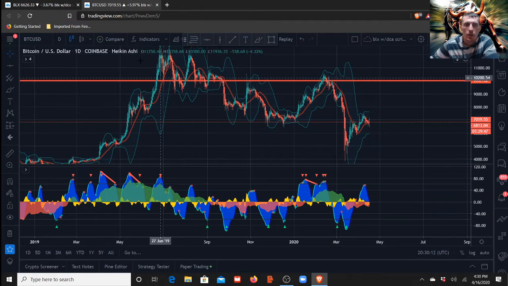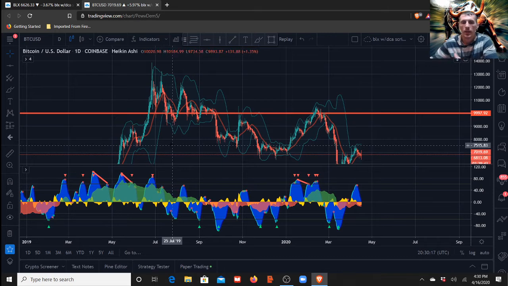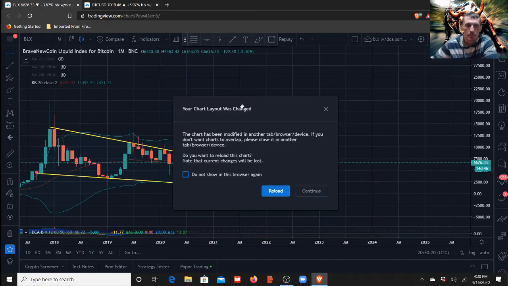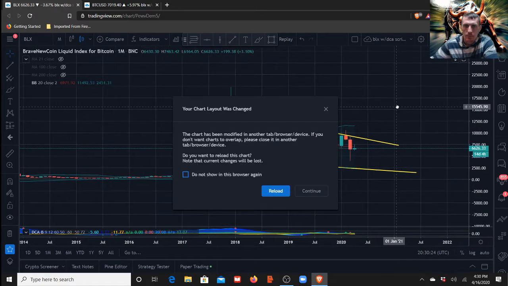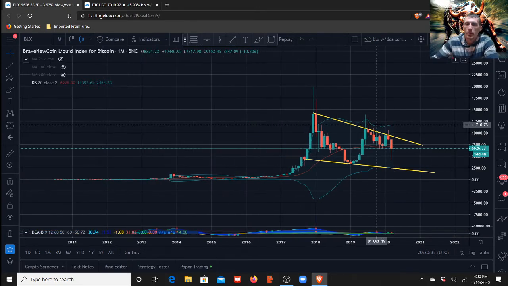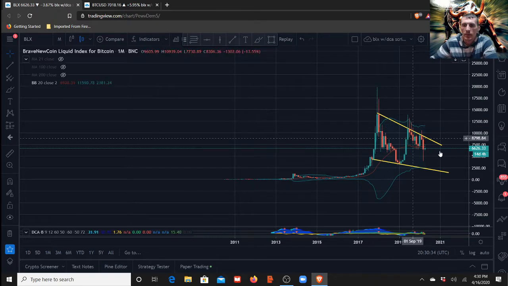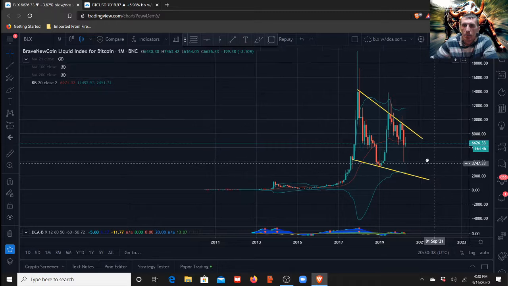So we're just going to go over it and talk about what Bitcoin's doing right now, what I'm looking at, what I think could possibly happen. This is the monthly chart. And as you can see with the monthly chart, it is making a bull flag.